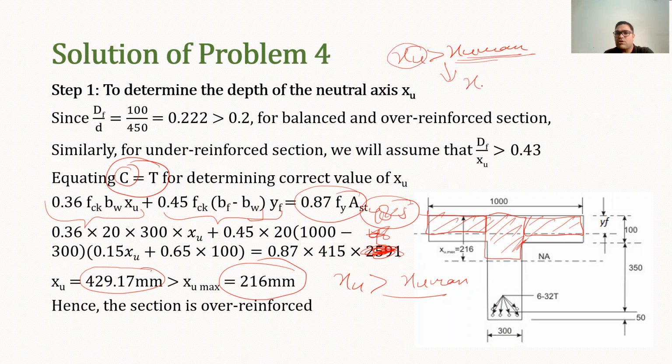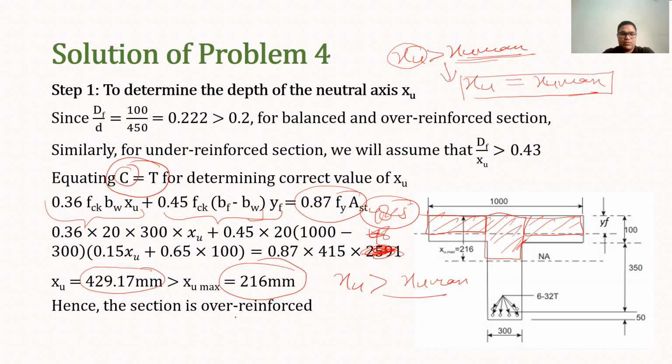So ultimately we have made this section a balanced section. We are calculating the moment of resistance for the balanced section only. We are not taking the contribution of the increased area of reinforcement.